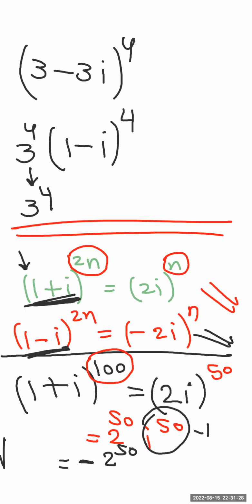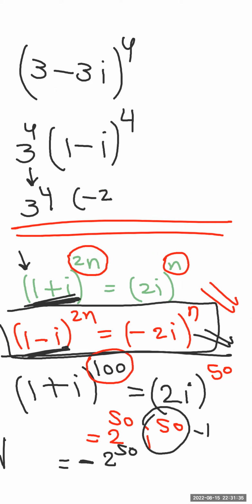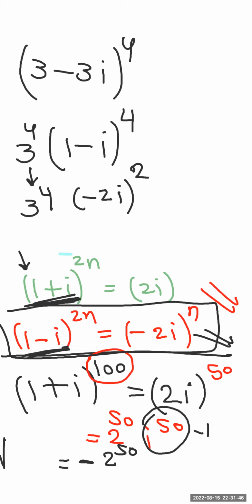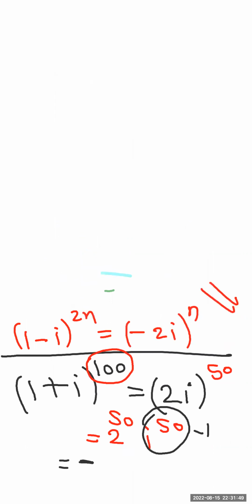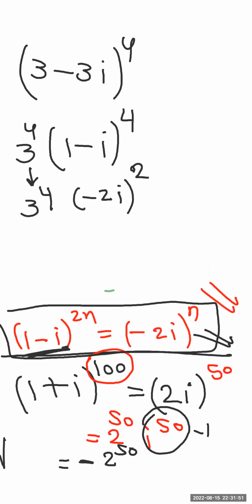What about this one? 1 minus i, first, well, sorry, second formula. So times (-2i) to the power 4, so 4 here becomes to the power 2, because this 4 is 2n. Now I'm going to clear this part so that we can continue. It will equal 3 to the power 4 times (-2) to the power 2 times i to the power 2.